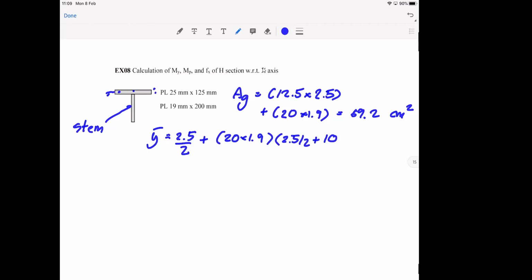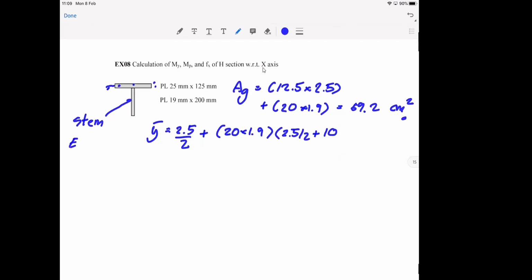So basically, that's the gross area, okay? And I am calculating the y bar to locate the elastic neutral axis. But I take the moment at the centroid of the flange, so I eliminate the flange term from my calculation. So this term y bar, coming from the top, is just equal to half the thickness of the flange. This one, and then I take the moment with just the stem.